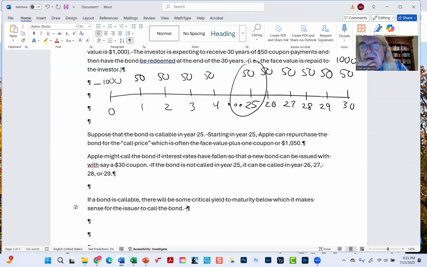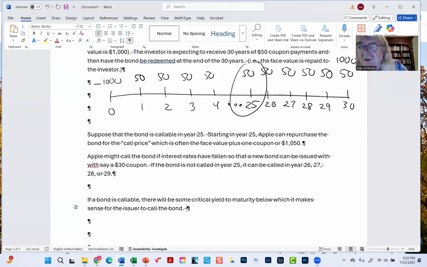Now, there's some threshold we have to reach because there are expenses involved. So it's not going to necessarily be 5%. Here you see the coupons are 5. It's not the case that if rates drop to 4.99 they will just automatically call it back. No, there's other considerations. But if rates do drop sufficiently, just like with a mortgage, the company's going to have to start seriously thinking about recalling the bond.